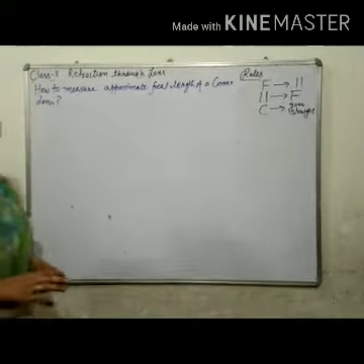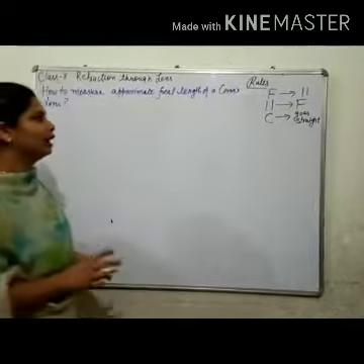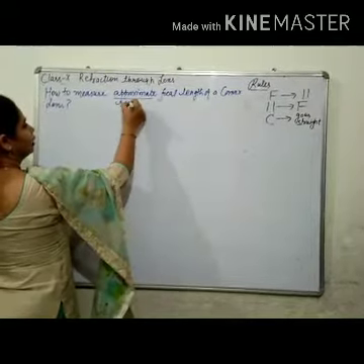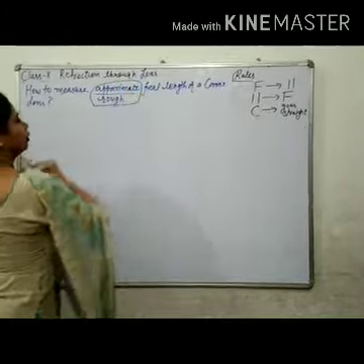So, in this video, I will teach you how rough focal length, rough means approximate focal length, of a convex lens can be measured.